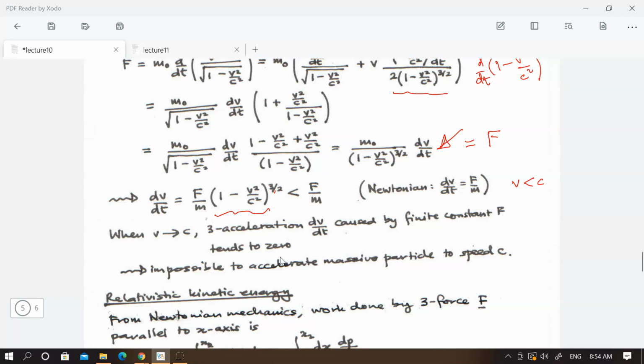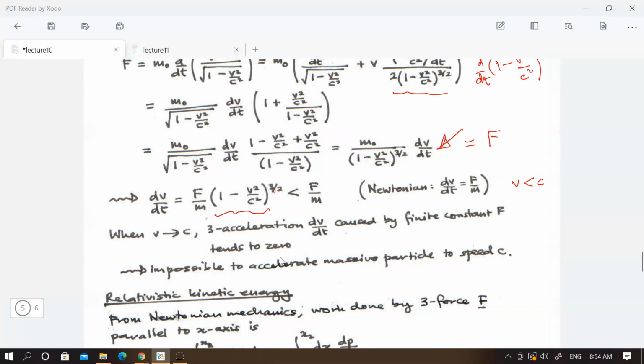In other words, what we have is that this force in relativity will not be able to accelerate beyond a certain limit. If you look at what happens when v goes to c, this tends to 0.